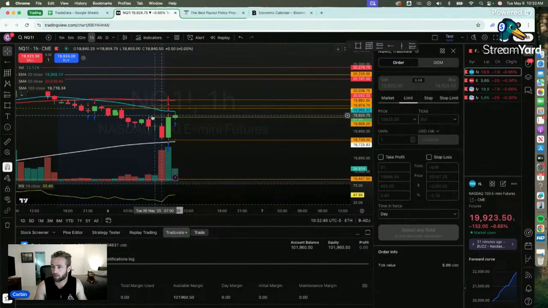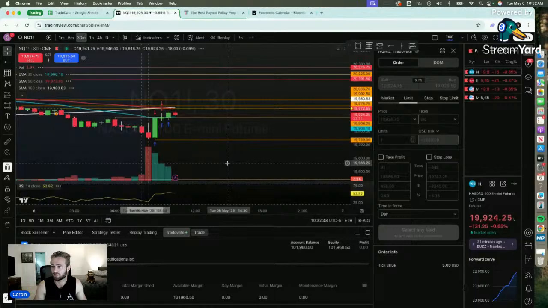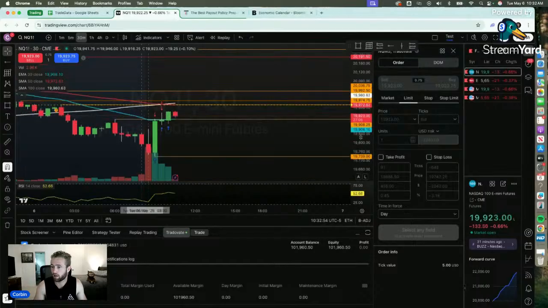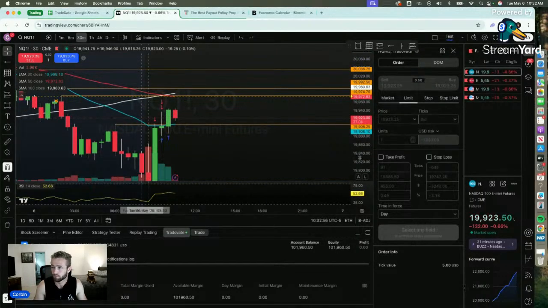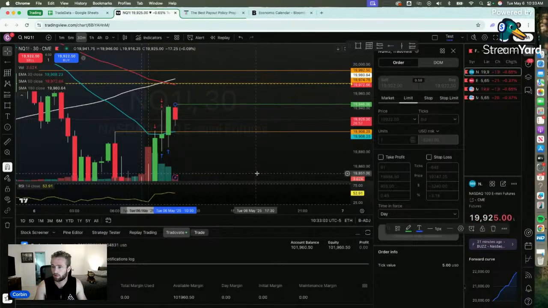If that goes red, that could form one, but it hasn't. 4-hour went low, high. If that forms red, it could form one, but it hasn't. 30-minute low. This could form a high. If this closes red, it could form one. I'll put a temporary stop right there, but I want to know if it gets above that level.